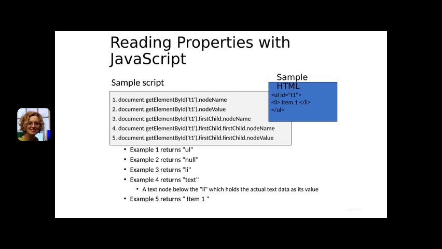In the third line, the first child of the node is a list item, li, and it does have a node name, and that name is item1. So slowly but surely, if you look at this, you can reverse engineer what JavaScript is and how it works. And in the next slide, maybe you can guess how you could insert through JavaScript a new list item in this unordered list.